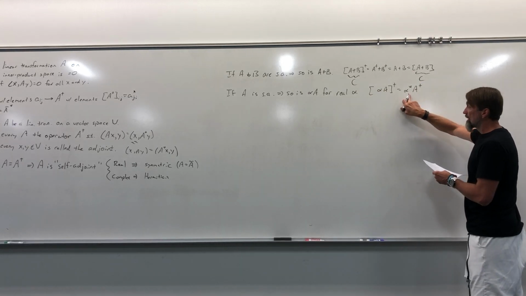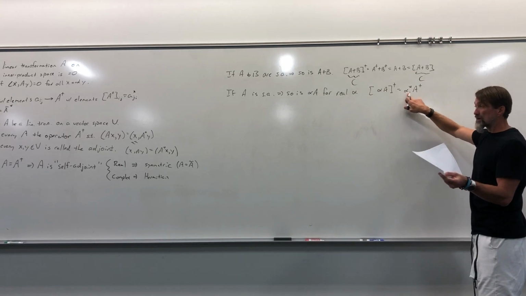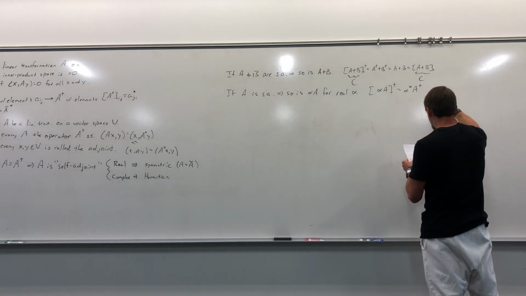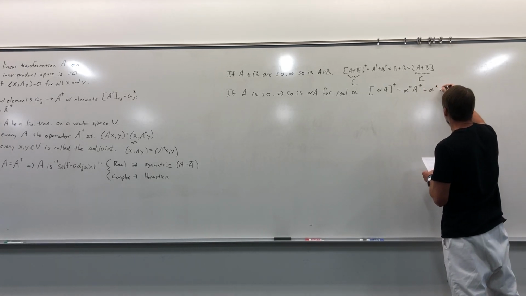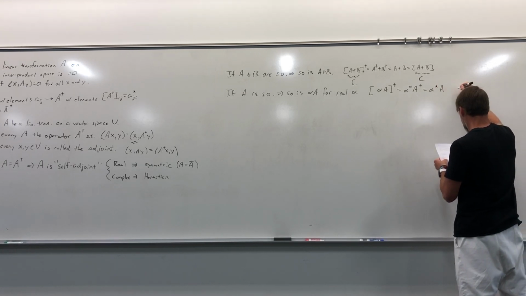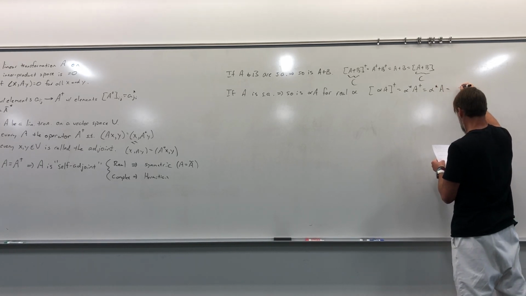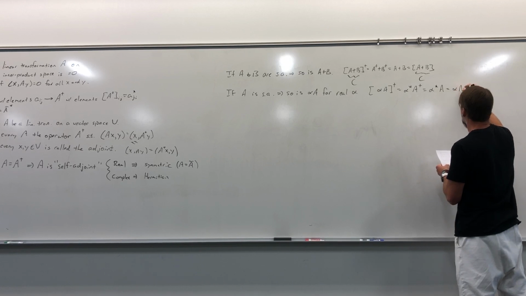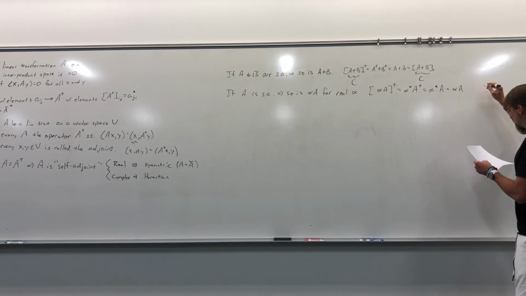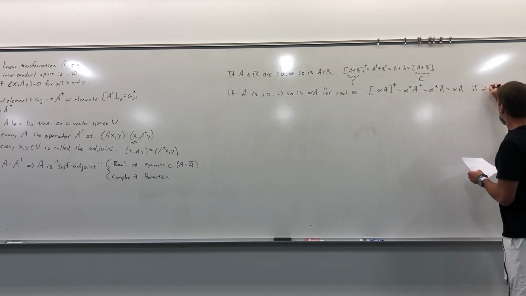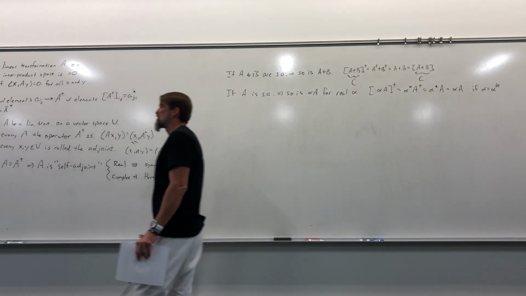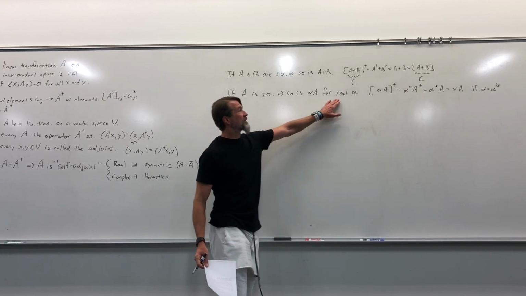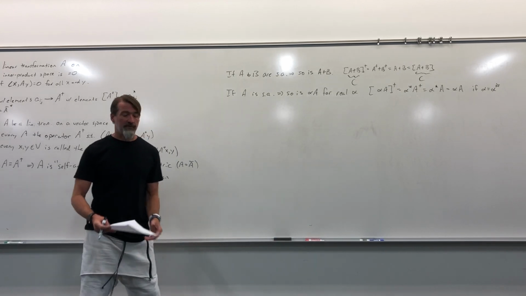Alpha's a scalar, so there's no point in transposing it, so it's just complex conjugation. But A is self-adjoint. Well, that is equal to alpha A if alpha equals alpha star. But that's what we specified right here, that alpha equals alpha star.